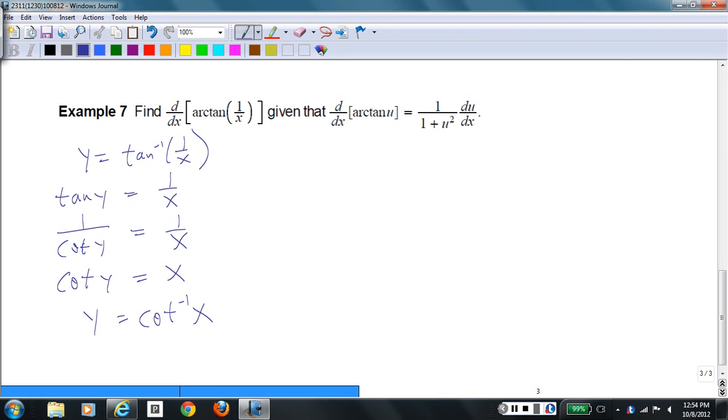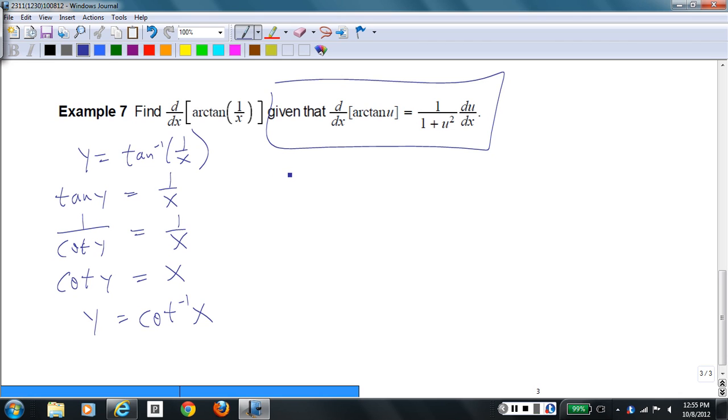So here goes. I'm not going to go through the whole right triangle thing. All we have to do here is use the chain rule, because we're given that d dx of arctan of u is 1 over 1 plus u squared du dx. Or when you come to the test, you'll have this in your head and you'll know it. And so you'll be able to use this fact and apply the chain rule.